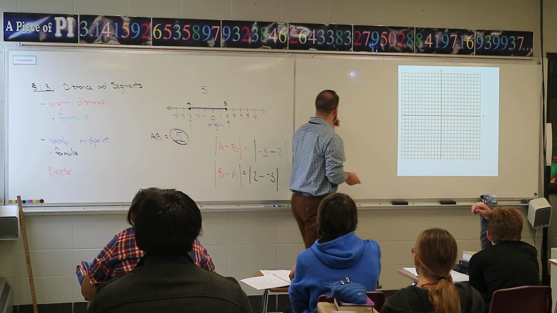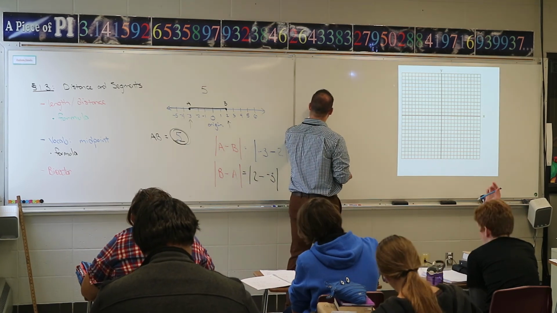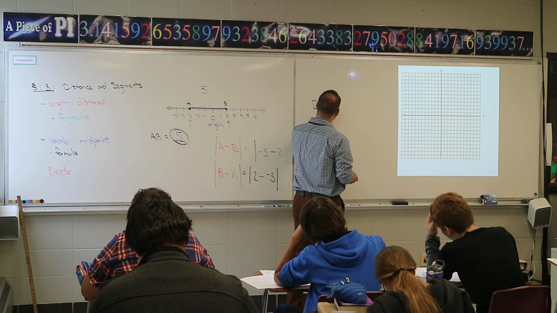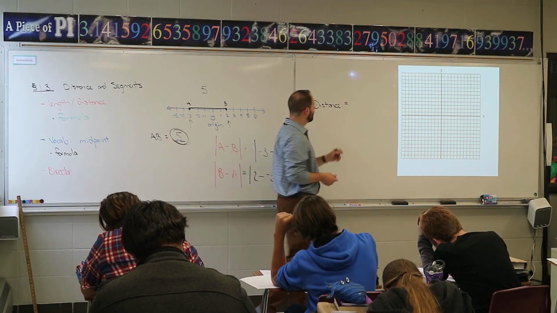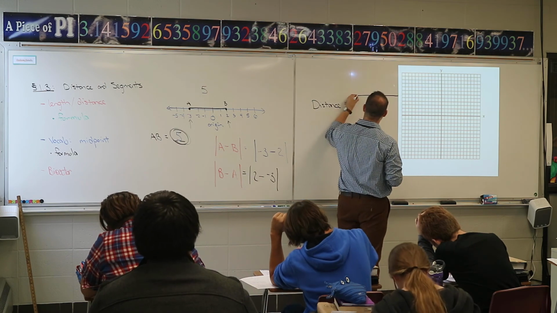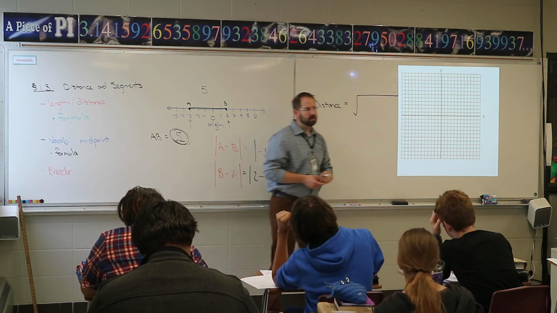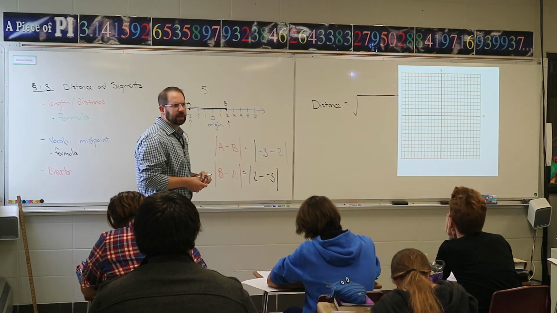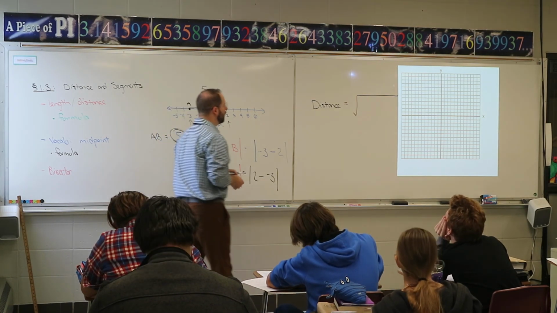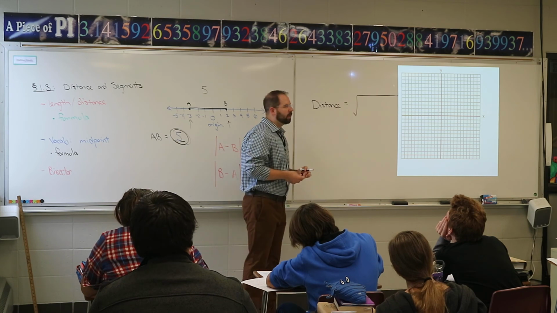I'd like you to write this formula down. Distance equals, so here's your formula, a big square root, the big radical sign. I'll explain that concept here in a minute. We're throwing you in the deep end here. Big square root symbol.